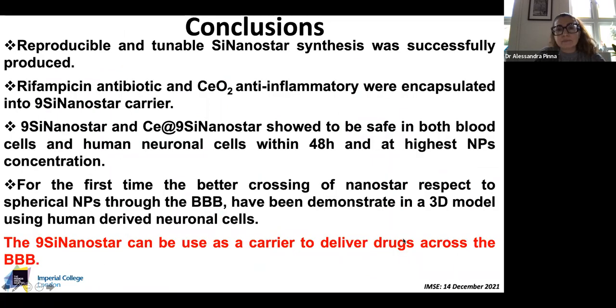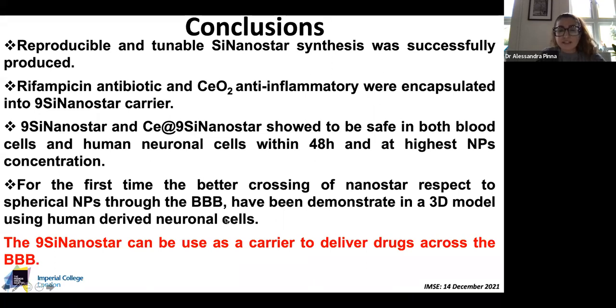So the conclusions are that we reproduced a synthesis to make the nanostar, and we are able to tune both size and spike length. We encapsulated rifampicin as an antibiotic and cerium oxide as an anti-inflammatory drug in the nanostars. Then we showed that the nanostars are safe in both blood cells and human neuronal cells within 48 hours and at the highest concentration.